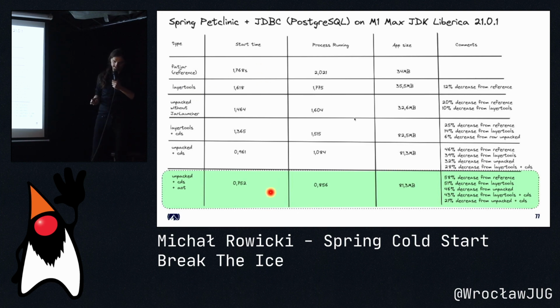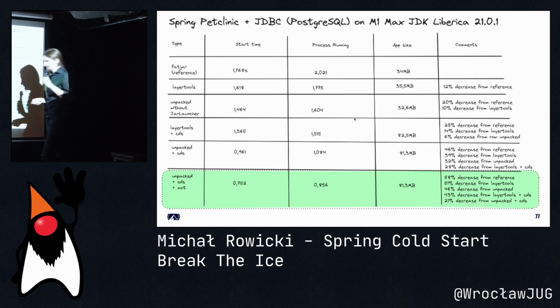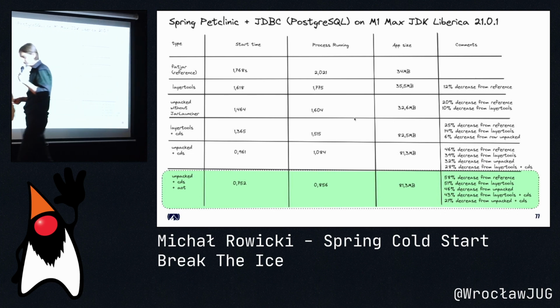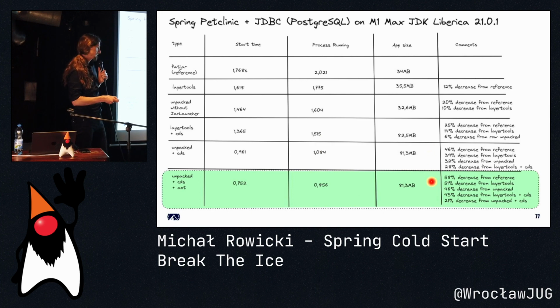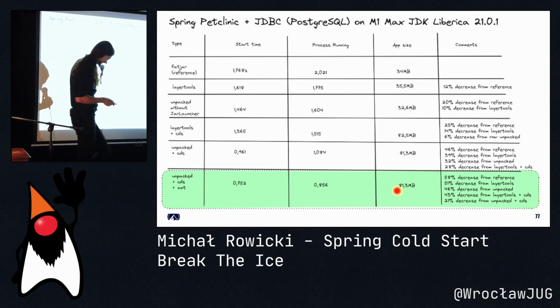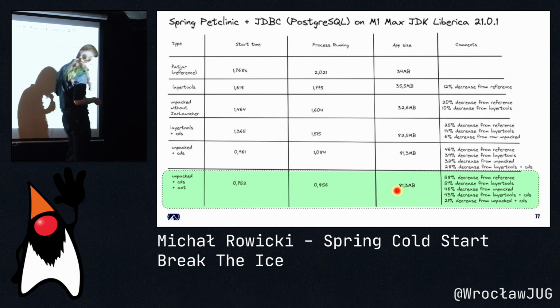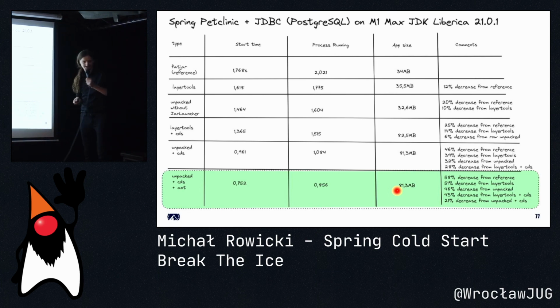Adding to that an unpacked application with class data sharing and ahead-of-time compilation, we can improve startup time by, let's say, it's a very rough estimate, 50%. But our image size increases by about 50 megabytes. So we need to measure and check if it's faster on our production, unfortunately.